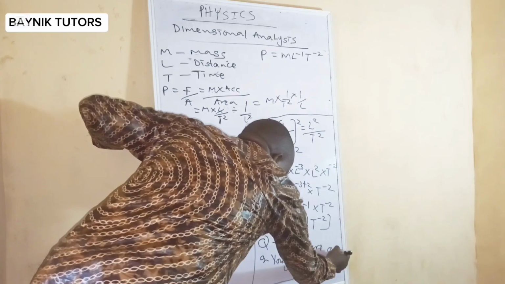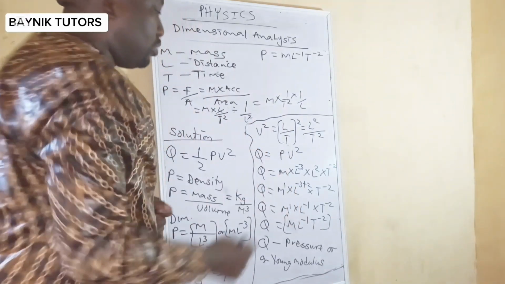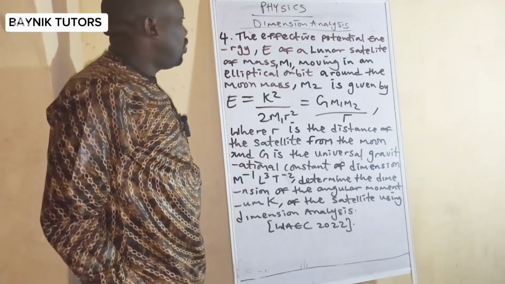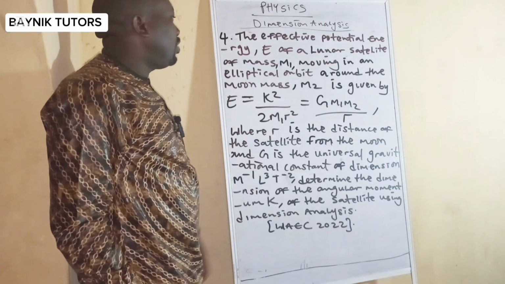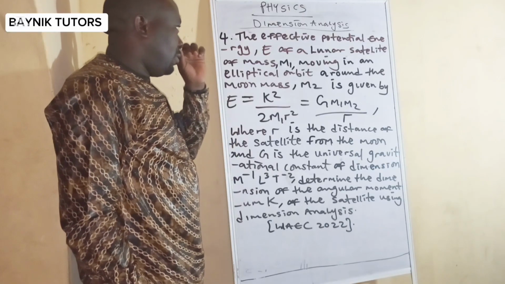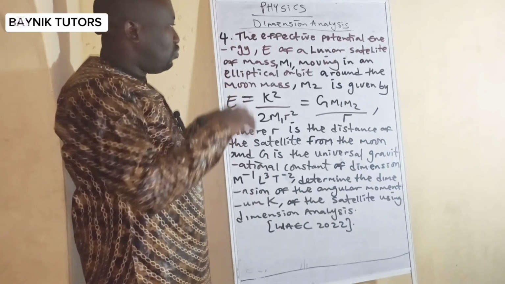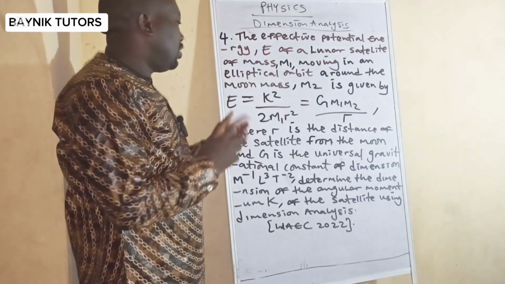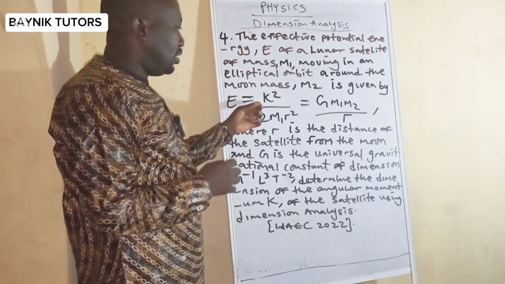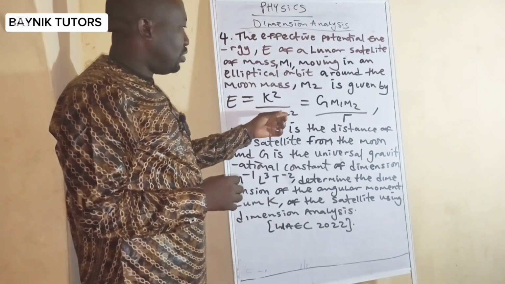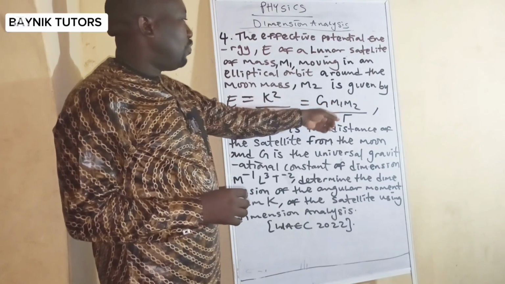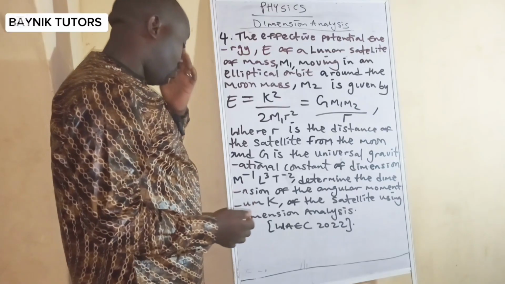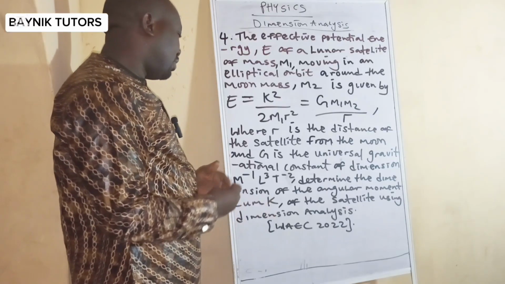Pressure or Young modulus. Now, the effective potential energy of a lunar satellite of mass m1 moving in an elliptical orbit of a moon is given by E is equal to K square over 2 m1 R square minus G m1 m2 over R, where R is the distance of the satellite from the moon and G is the universal gravitational constant.